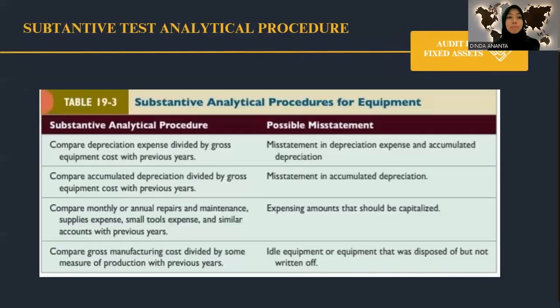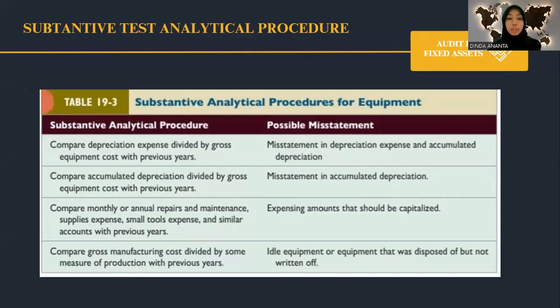Okay, first is substantive tests and analytical procedures. Substantive tests and analytical procedures are commonly used to assess material misstatement for the balance of depreciation and its accumulated depreciation.